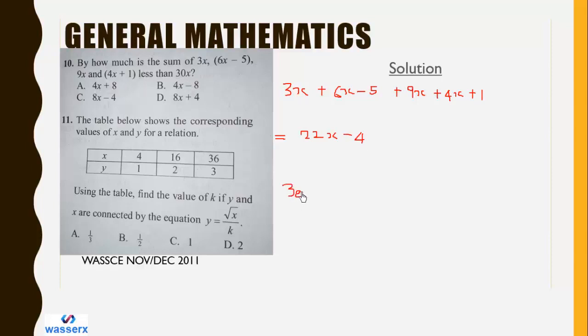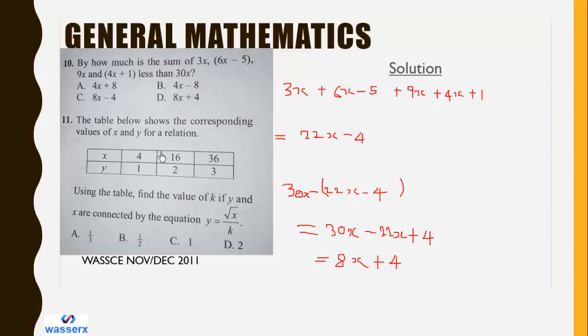So we have 30x minus 22x minus 4, so this is 30x. So 30x minus 22x plus 4, and this is equal to 8x plus 4.